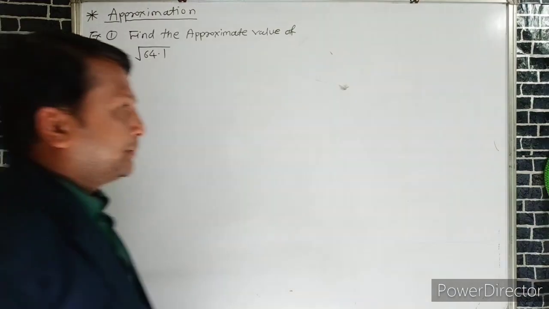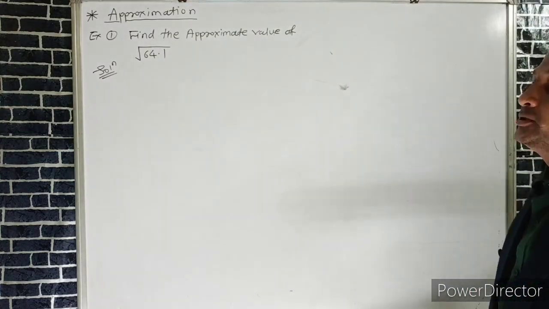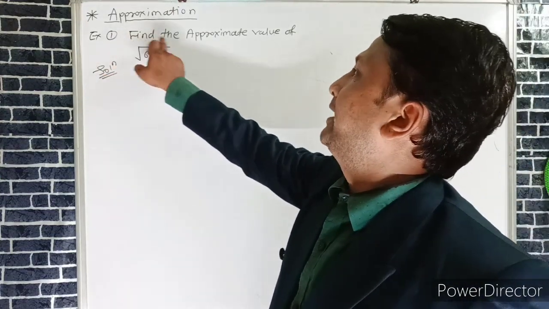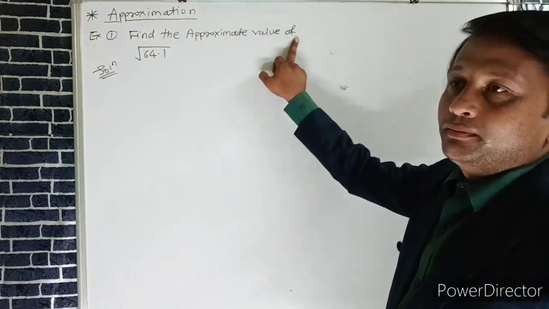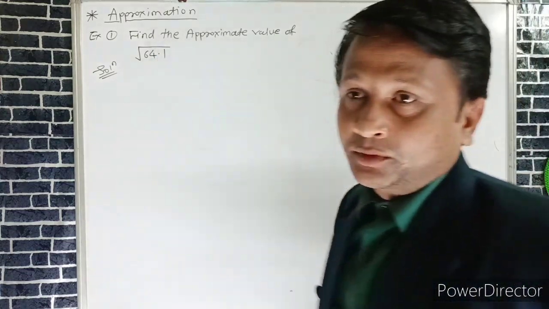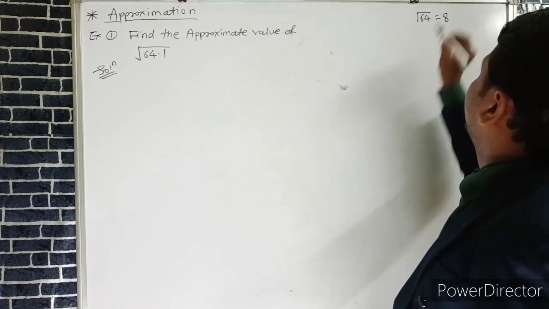So the first example of approximation, related to the rules of approximation: example number 1 is find the approximate value of under root of 64.1. We know that under root of 64 is 8.